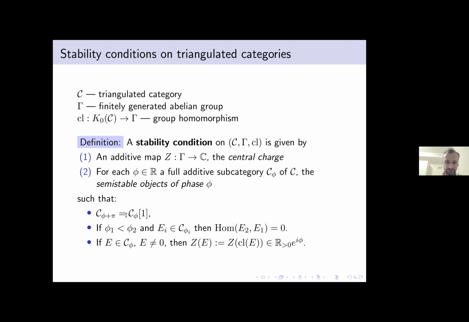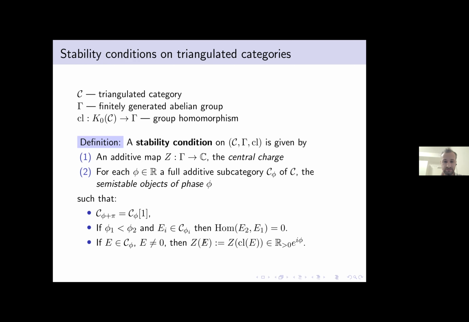The second: there should be only the zero morphism from a semi-stable object of bigger phase to a semi-stable object of smaller phase. And the third: whenever you have a semi-stable object E, its phase should be a choice of argument of its central charge.